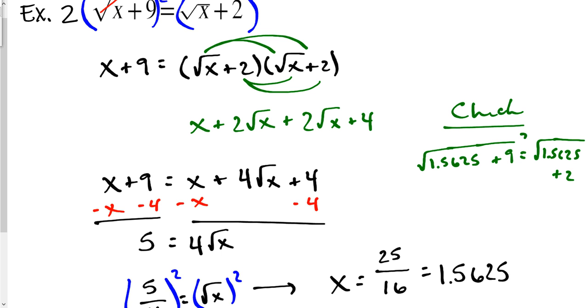Is that a true statement? Really, I want to use the calculator to do all this fun stuff. So I'm literally in my calculator going to type in the square root of 1.5625 plus 9, and that's going to give me 3.25.